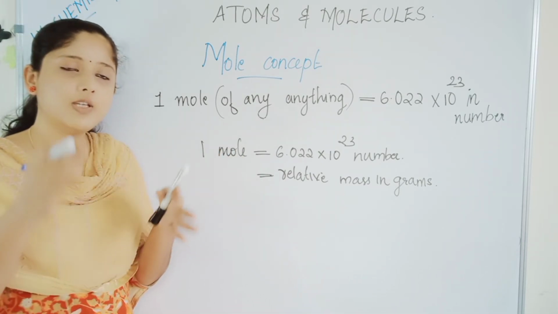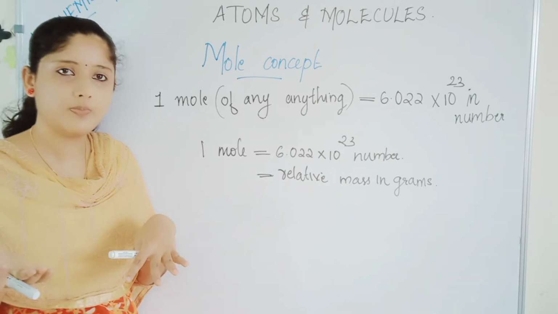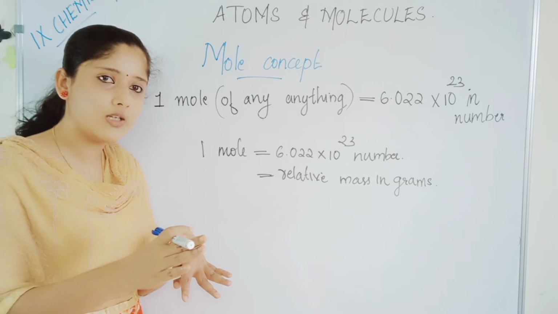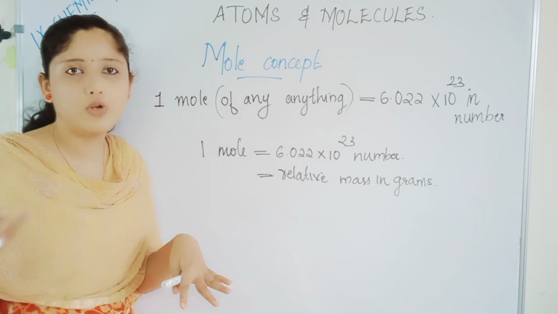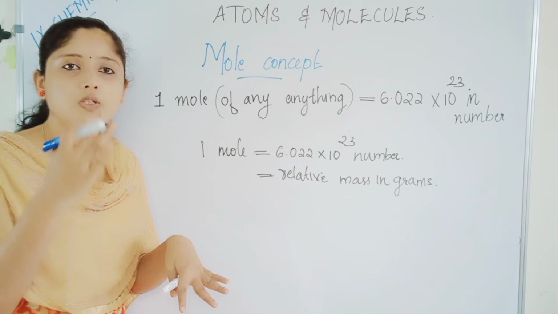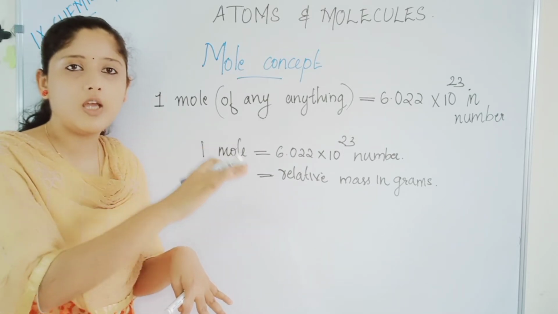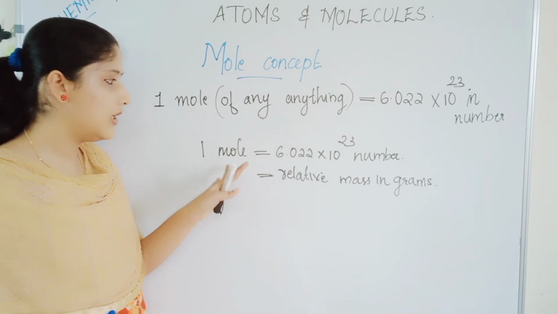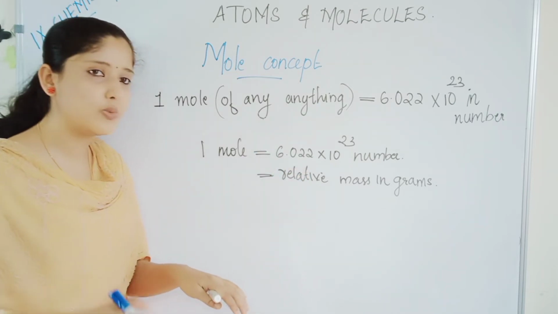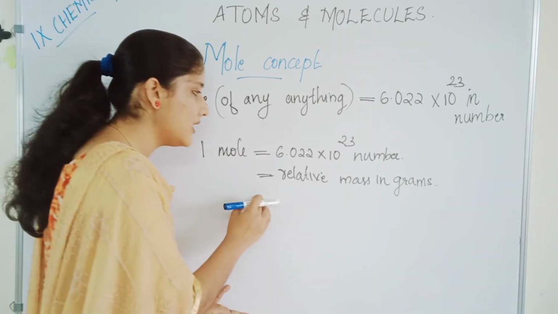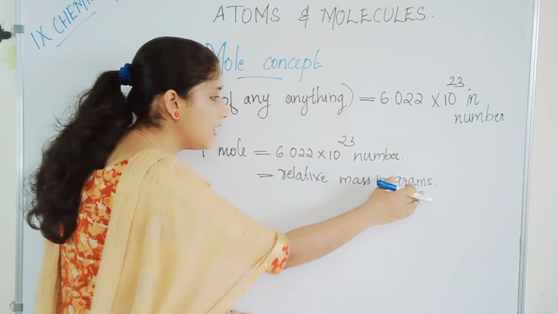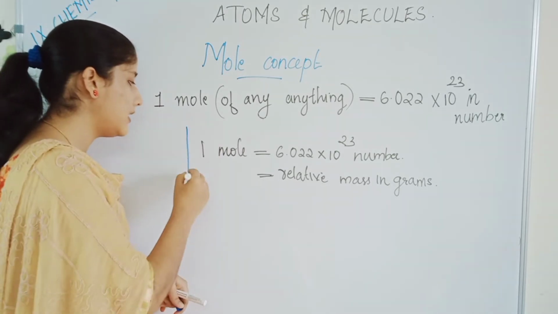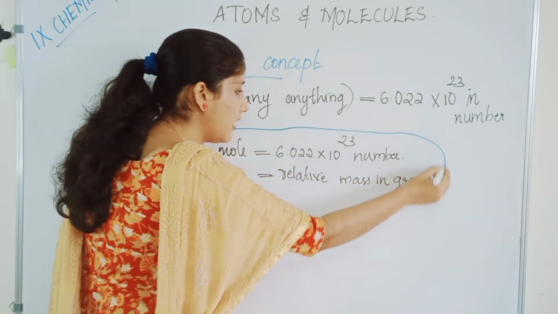Similarly, 1 mole of water molecules is 6.022 into 10 raised to 23 molecules of water. So 1 mole is 6.022 into 10 raised to 23 in number, which is equal to its relative mass in grams. Remember this.